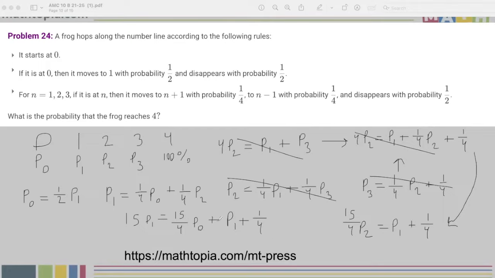Okay, the P1 cancels out and goes to this side and makes this a 14. So now we get 14P1 is equal to 15/4 P0 plus 1/4. And finally, we just have two equations left, right? So this goes away, this goes away. And our final step is just to combine these two equations. We want to cancel out the P1s. So we can multiply this by 28. And we know that 14P1 is actually just equal to 15/4 P0 plus 1/4.